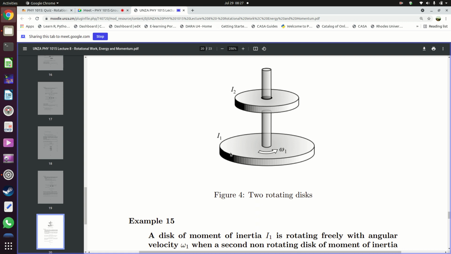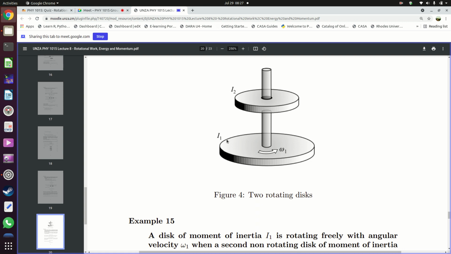So we can work out what the momentum is before disk 2 couples or rests on disk 1, so that they rotate together. This is what is referred to as a coupling. When you join or put together rotating objects, then you couple them.